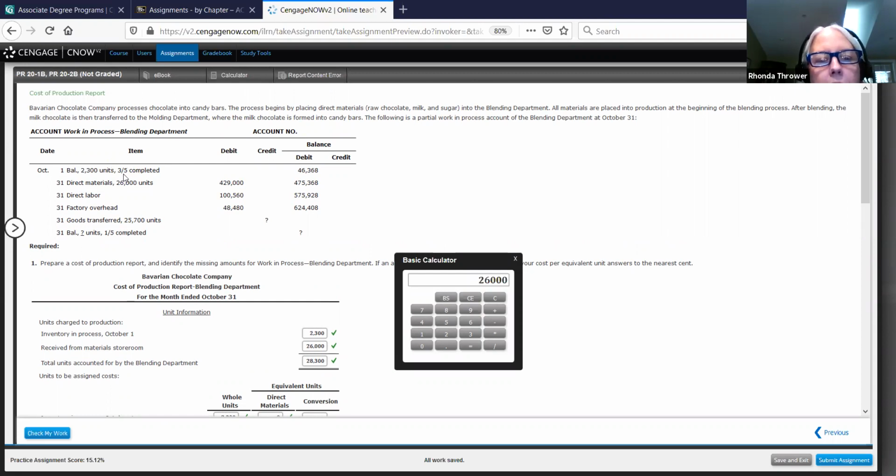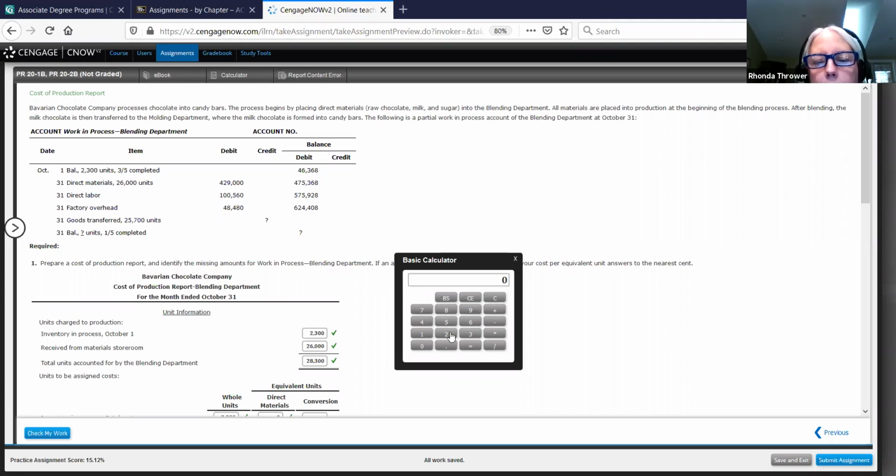Remember, we said that 3/5 of the 2,300 units were not finished with respect to conversion. So what you have to do is determine the equivalent units of beginning inventory for conversion units.